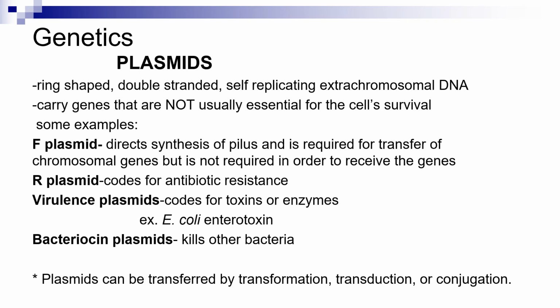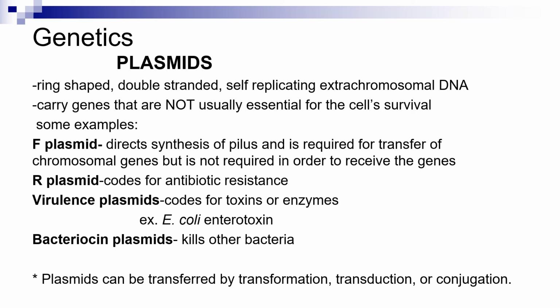And an F plasmid we cover here specifically because it directs the synthesis of a pilus. And that pilus is required for transfer of chromosomal genes. And our next method of horizontal gene transfer, called conjugation, is going to require an organism to have that F plasmid in order to make the pilus.